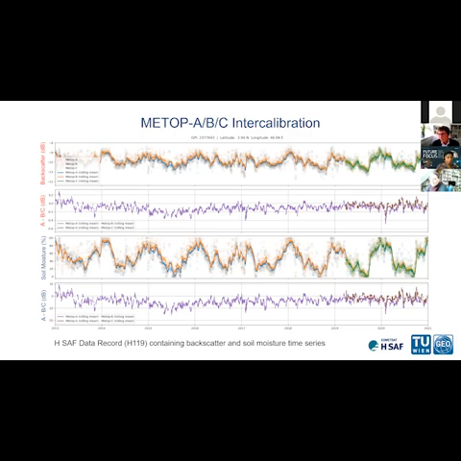And that's also, of course, from a land application, very important, because we are now able to compare, for example, this year's measurements immediately with all the years since 2007, which is a very important advantage compared, for example, to many land surface models that have more problems of having such very clear and stable signals.